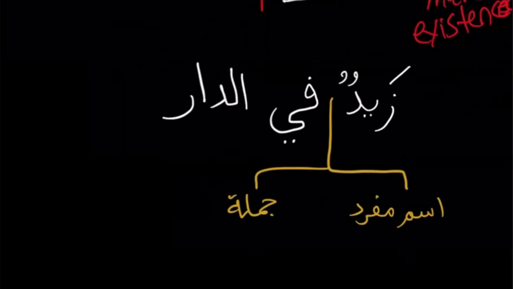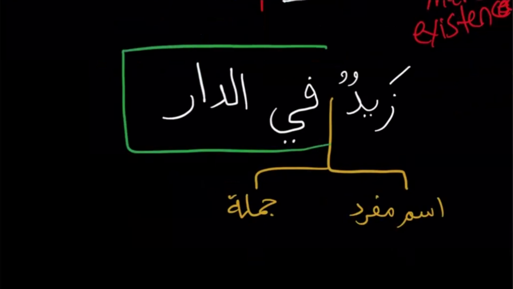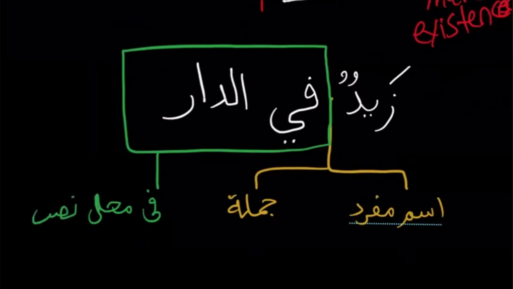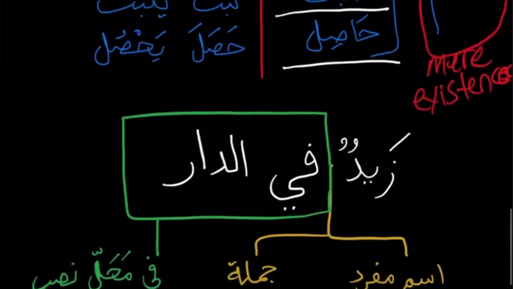And in this case, it's the whole prepositional phrase here that is the mahal nasb. The jar and majroor together are in the position of nasb. So a jar and a majroor together are like a maf'ul bihi. So then it goes back to the same talk, just like we talked about for the zarf. Any question?